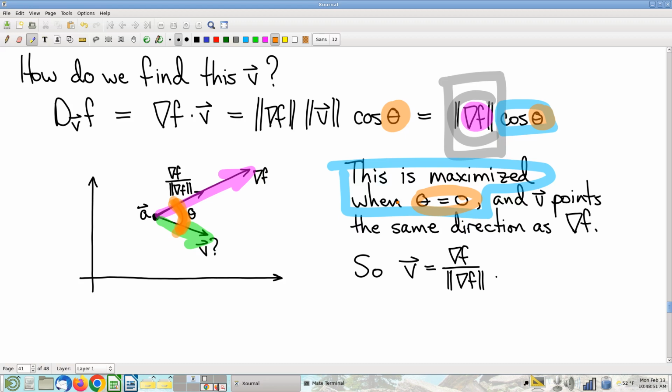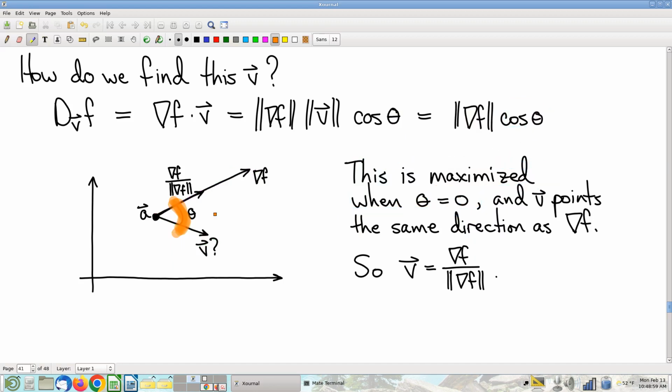And that makes cosine 1, and that makes this directional derivative as big as possible. So I just need for this angle to be 0. And if you think about it, that means that this vector here, its angle off of the gradient needs to be 0. That means that that green direction vector needs to be the unit vector pointing the same direction the gradient is.